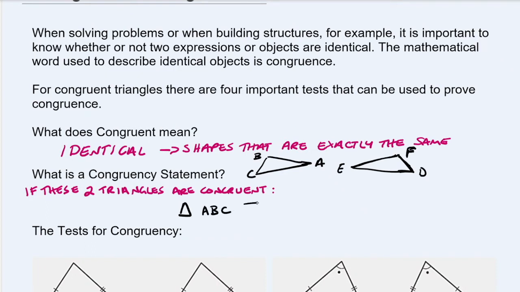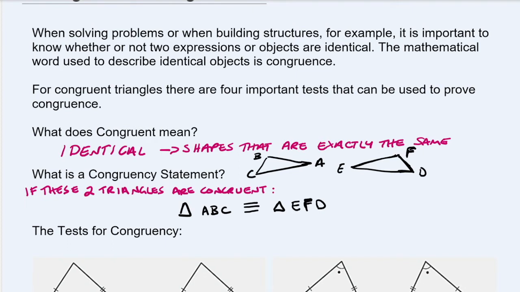is congruent, and we're going to use these three horizontal lines, and we want the letters to match up. So A matches up with E, so we want the E there. B matches up with F, and C matches up with D. So triangle ABC is congruent, and that's that little symbol, to triangle EFD.